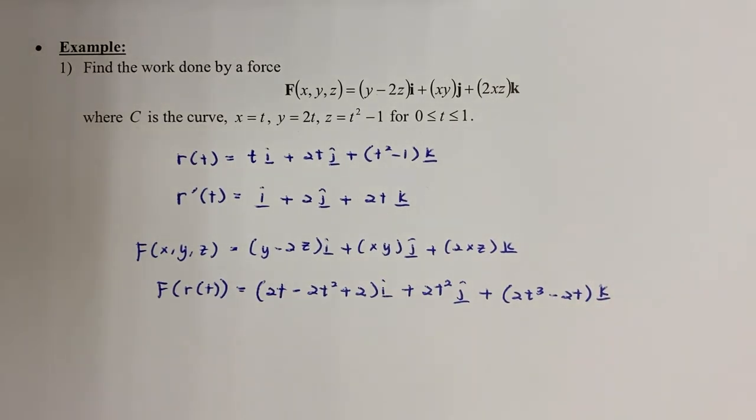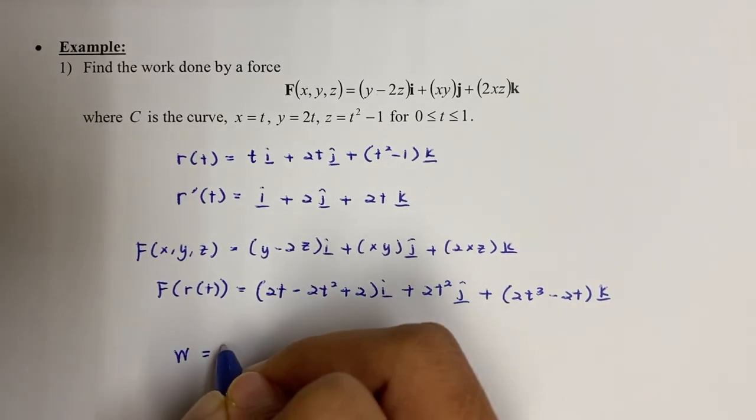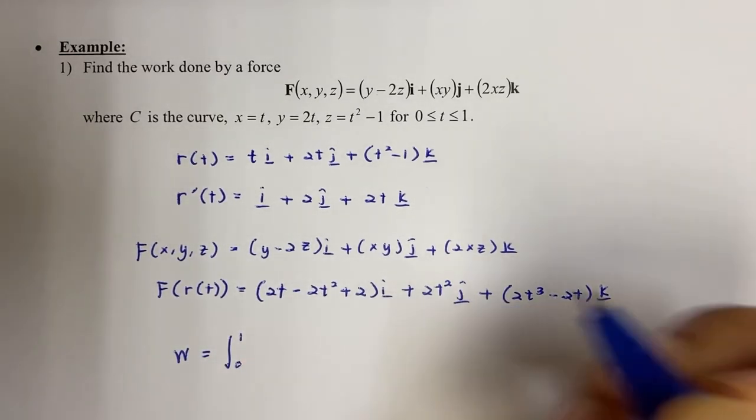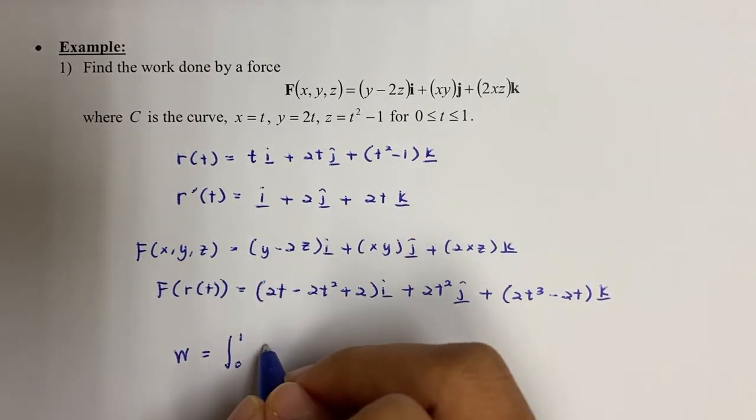So now I have F(r(t)) and r prime. To find the work done, the interval for t is 0 to 1, and substitute my F(r(t)).